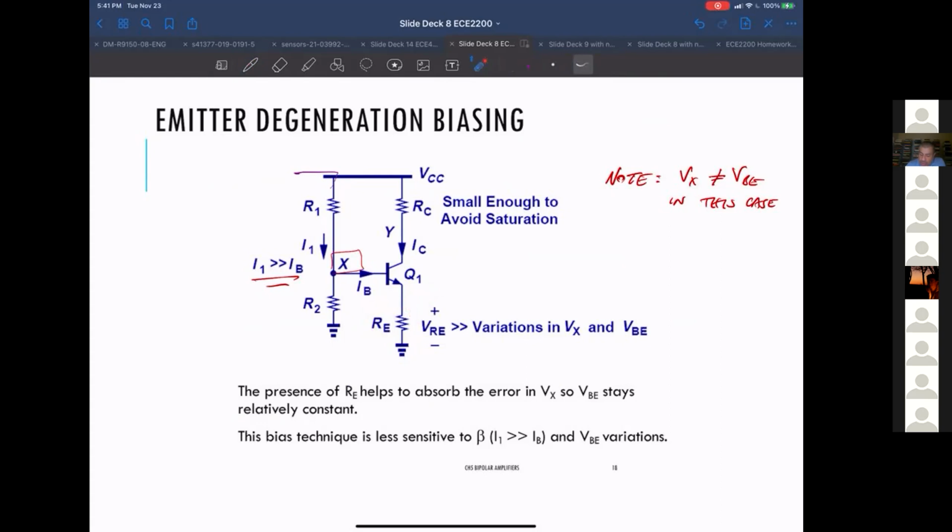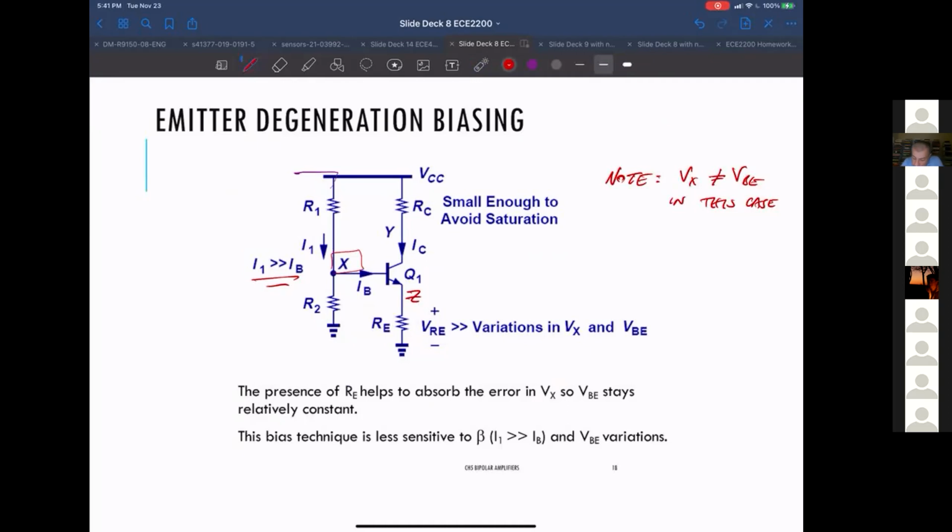This trips people up: make sure you realize that the base-emitter voltage is actually the difference between this point X and this point Z. And Z is dependent on some things.